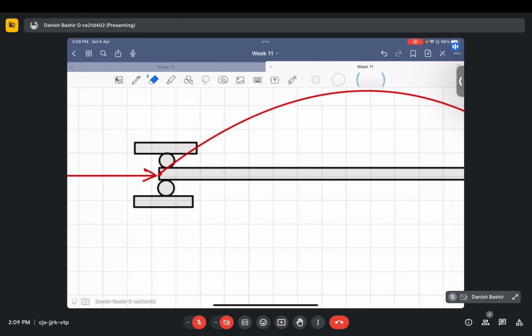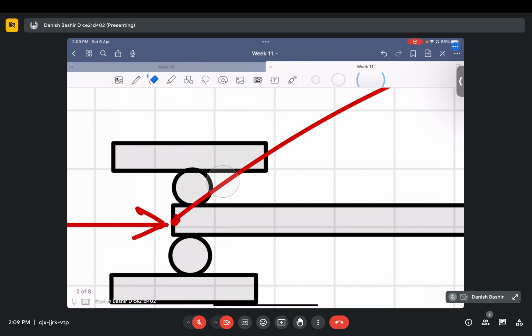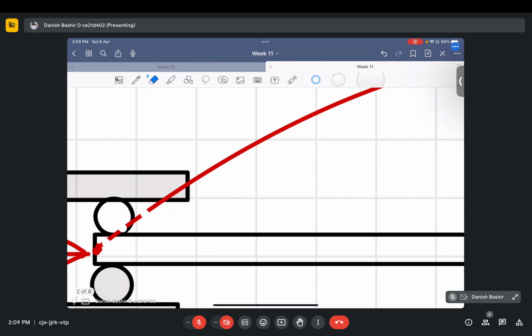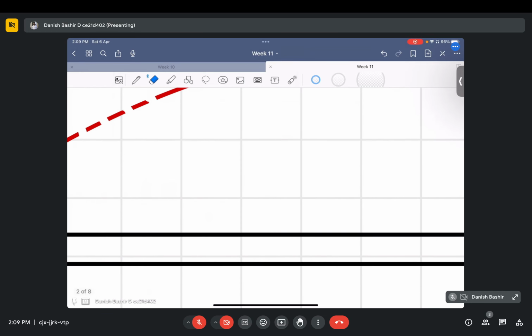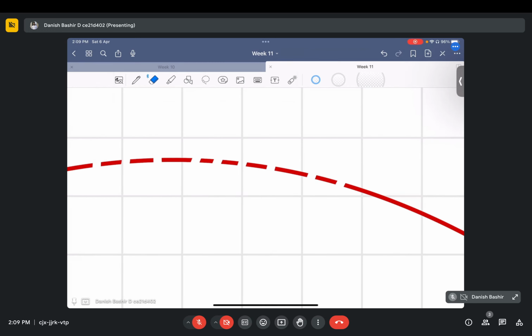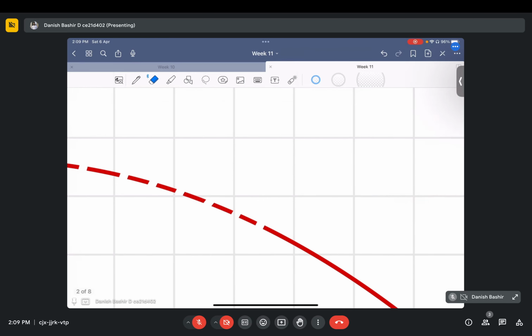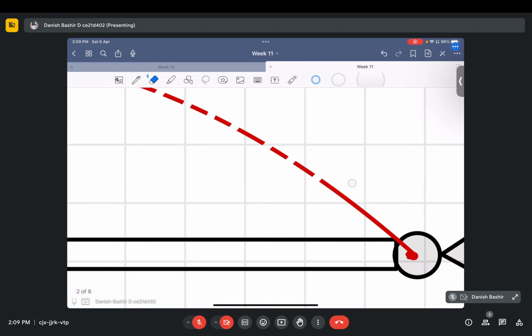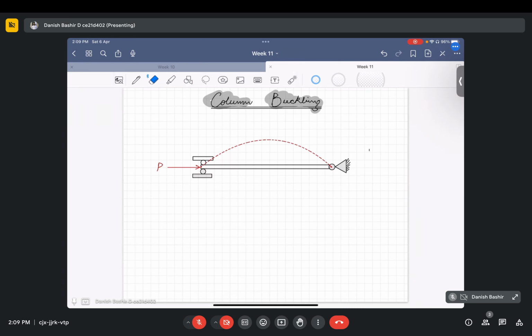I have to draw it a little bit. Okay, this is the buckled shape of our column.